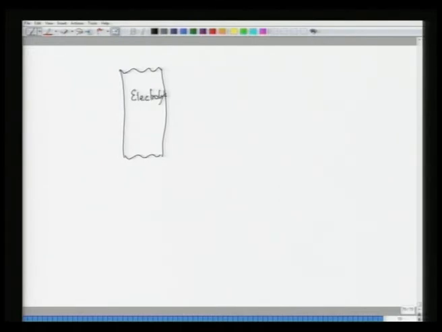It could be solid or liquid, it does not matter. In most cases in ionic solids it would be solid. Here you have PO2 1, here you have PO2 2. So, you have a gradient in the oxygen partial pressure. You connect this with a potentiostat, and this gives rise to a potential, let us say phi.